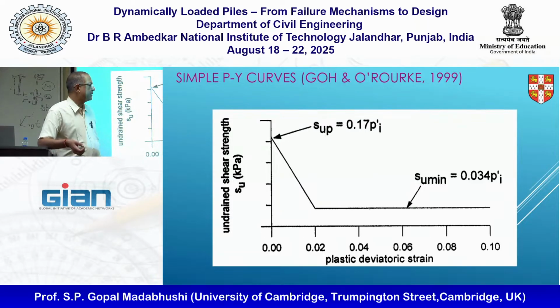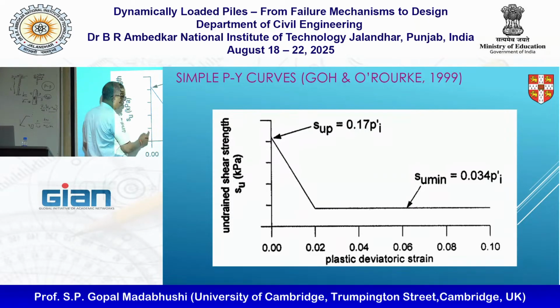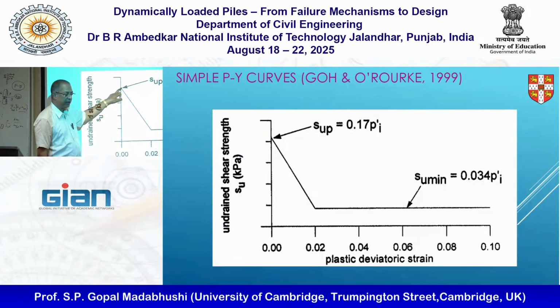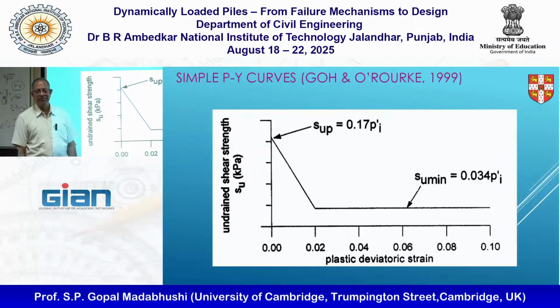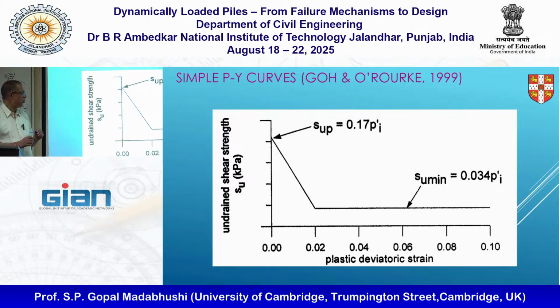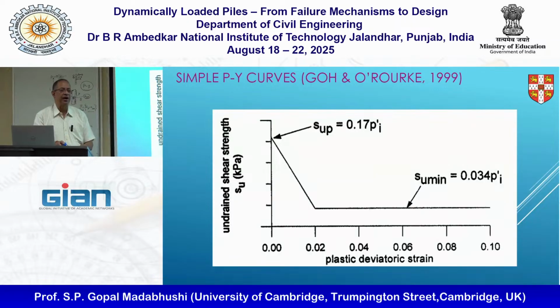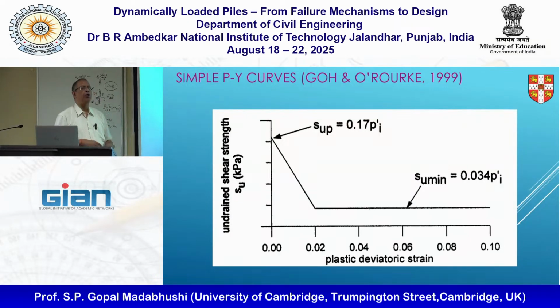Okay? They also say it only takes 0.02% strain to drop from this peak value to the residual value. So this is all like a nice recipe to work out how the pressure on the pile, or the lateral pressure, can be calculated.